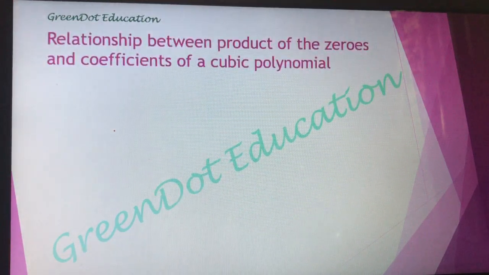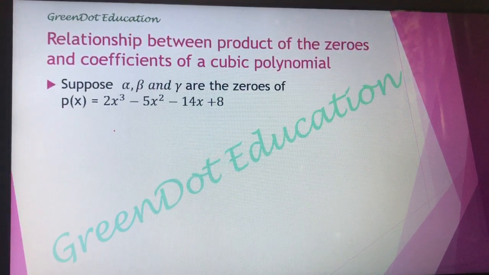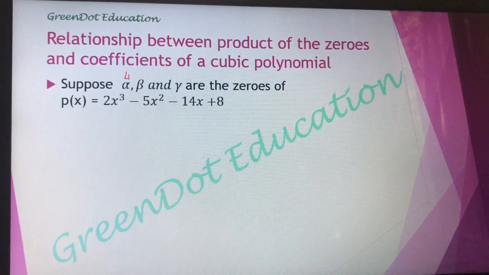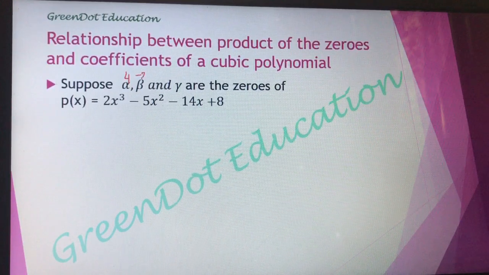Now let's find out the relationship between the product of zeros and the coefficients of cubic polynomials. Suppose alpha, beta and gamma are zeros of this polynomial. We have found the zeros: alpha is 4, beta is -2 and gamma is 1 upon 2.